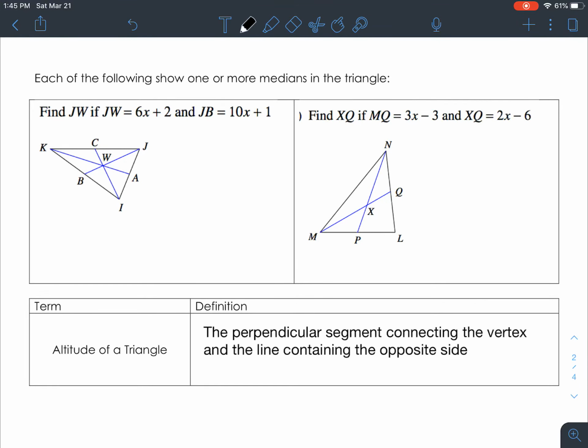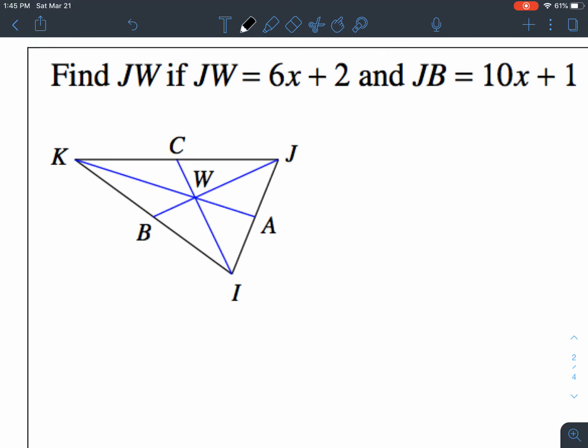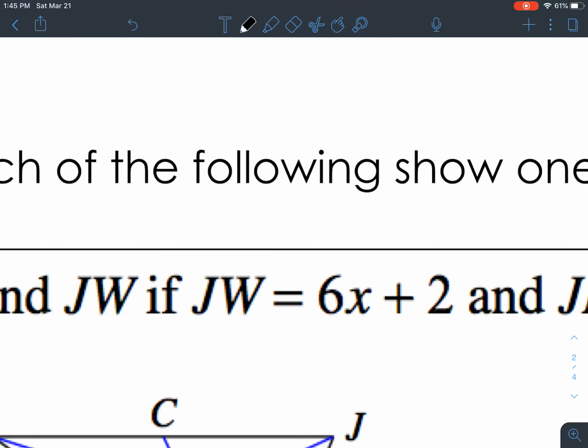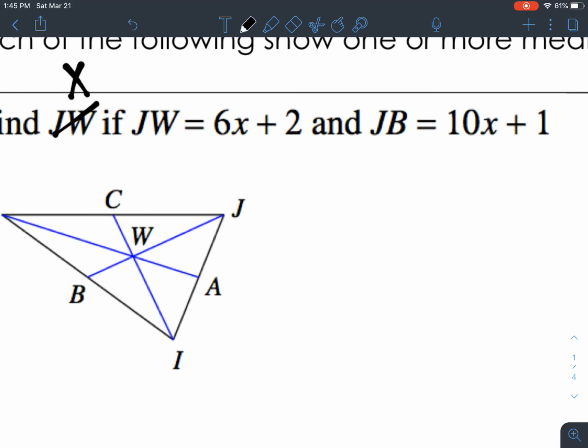Now let's do some where they're maybe not as obvious, because we're going to do some with expressions. If you look at this next example, we need to find the length of JW. But really all I'm going to do is find x, because we can just plug that back in if we need to. We're given JW, and we're given JB. Here's the conversation.